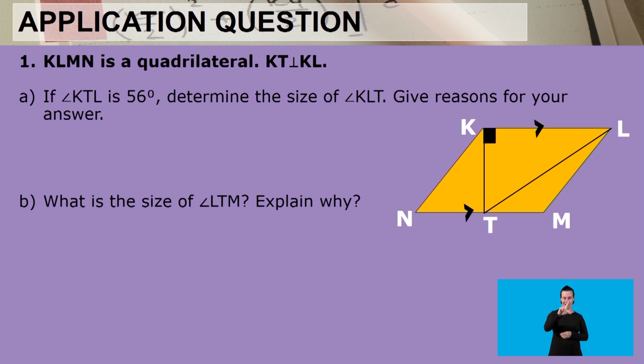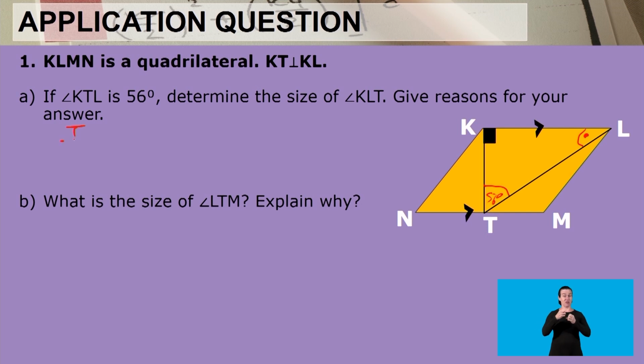Now the question that they're asking is, if angle KTL, that angle there, is 56 degrees, let's mark it so that we can see it, 56 degrees, determine the size of angle KLT, that angle there. That's the one they want us to find, and we need to give reasons for that. All right, I noticed that I am now dealing with a triangle KTL.